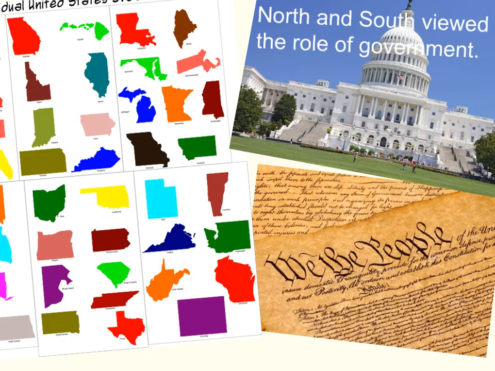And they believed that the best government was a local government, governed just by their own state and not by the national government. The South also didn't really pay taxes for services like education or improvements or benefits to society. They didn't want to spend money on those kinds of things. They wanted to keep it. Where the North, again, was willing to pay money for internal improvements, for education, and so forth.